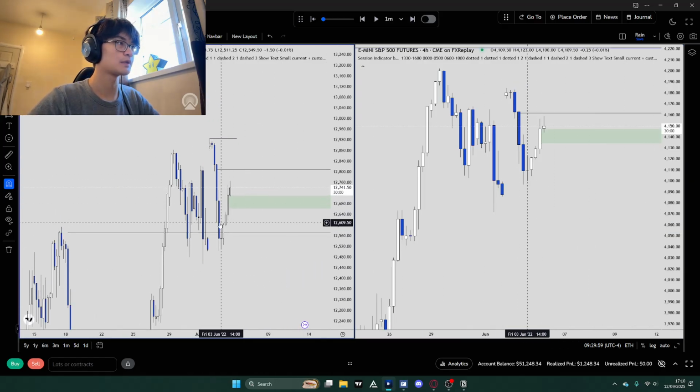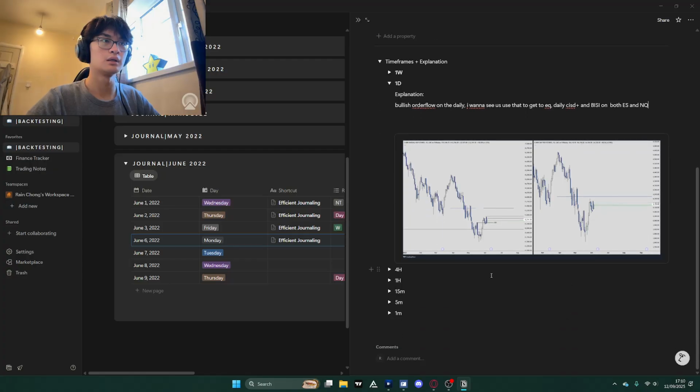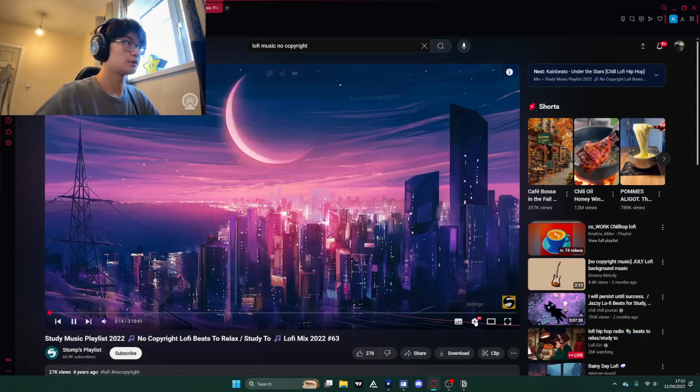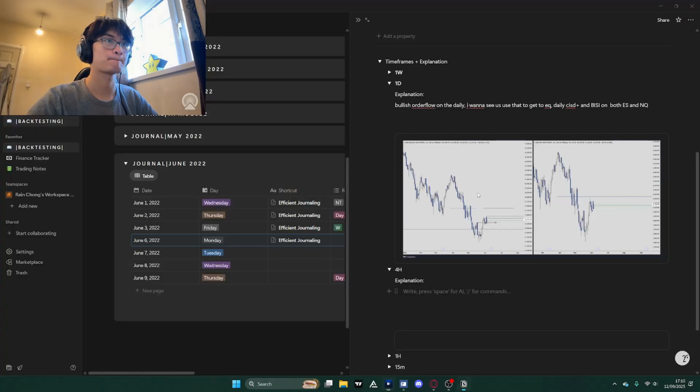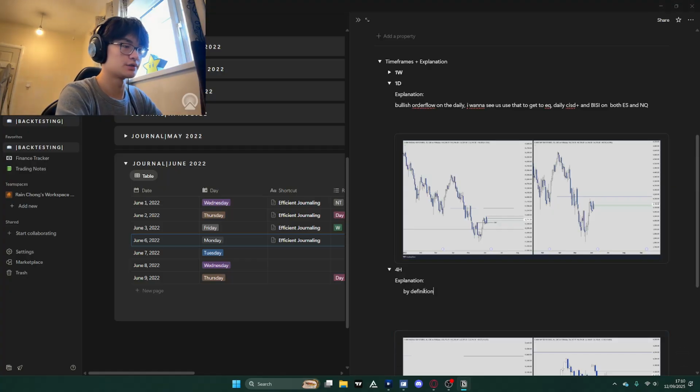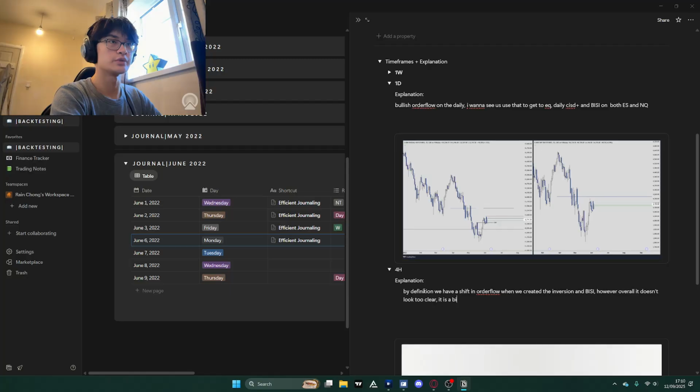So 4 hour inversion, busy. Definition, we have a shift in order flow when we create is a bit choppy.